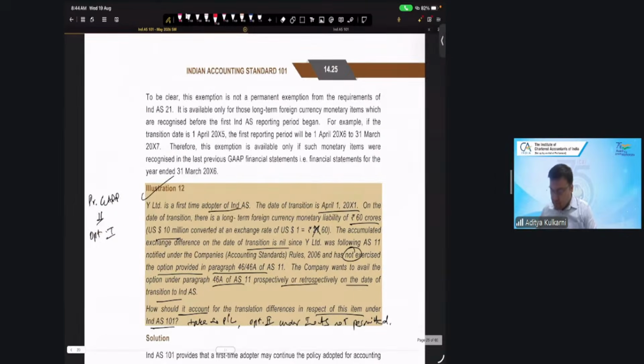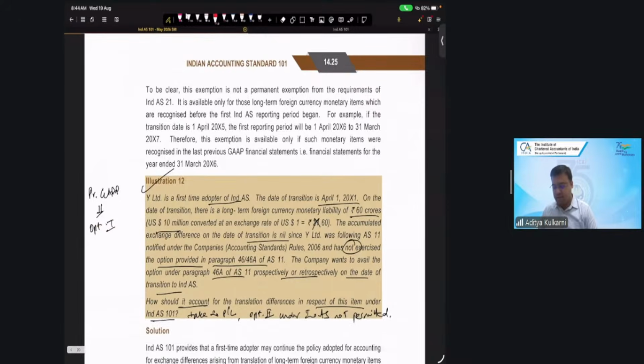Y Limited is a first-time adopter of Ind AS. Date of transition is 1st April 20X1. On the date of transition, there is a long-term foreign currency monetary liability of 60 crores, $10 million at an exchange rate of $1 equals 60.